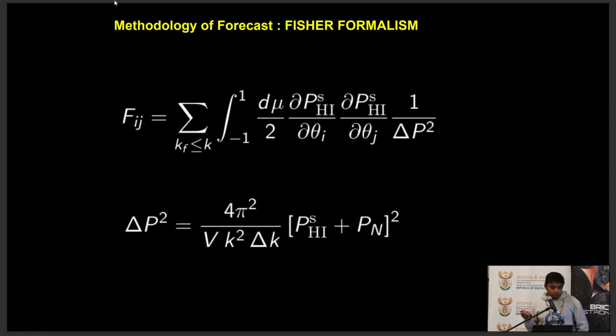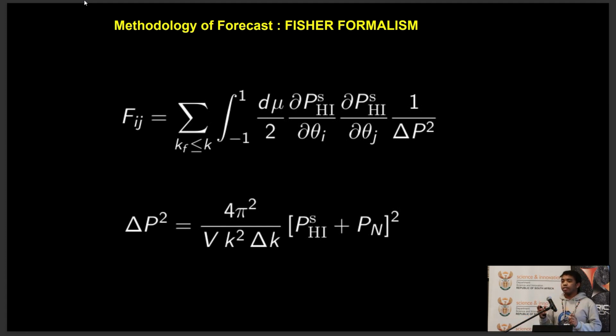Coming to the methodology that we use to do the forecast, we use the Fisher formalism, which is the Hessian of the likelihood, hence of the power spectrum, which in terms of computing is equivalent to the Bayesian formalism, such that it involves the derivatives of the observed power spectrum, and here we have the variance of the signal, such that we include the noise, which consists of the shot noise, as my colleague mentioned before, and the thermal noise.